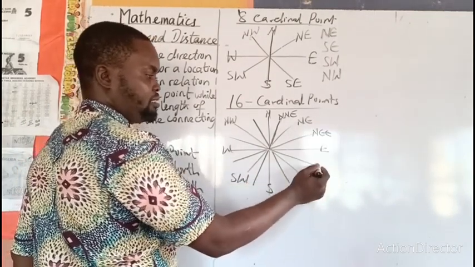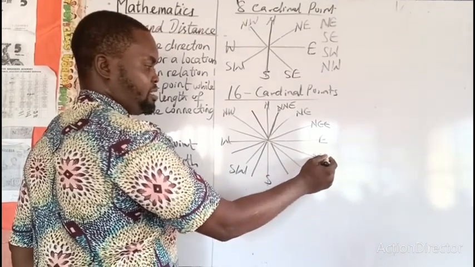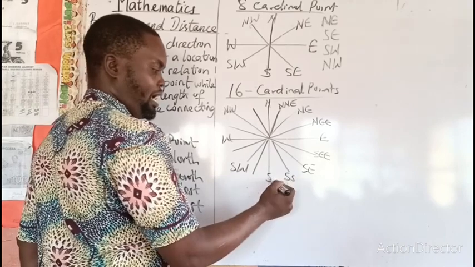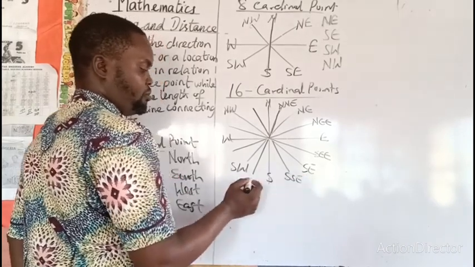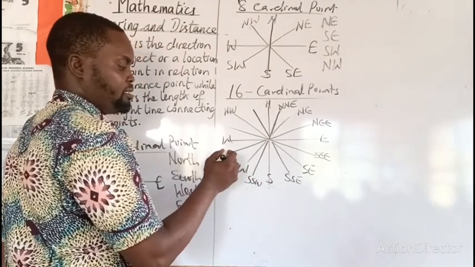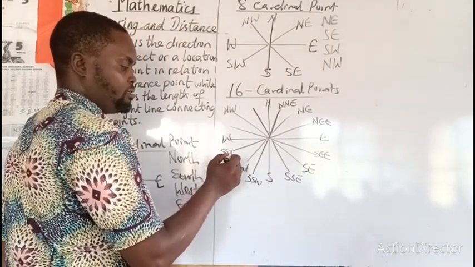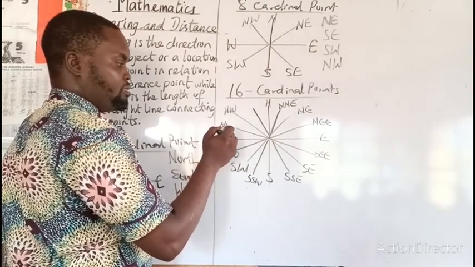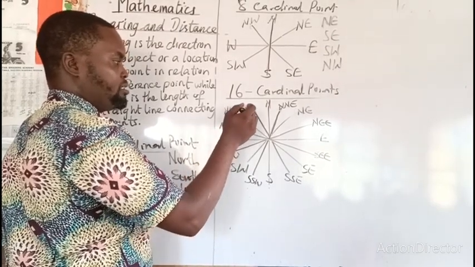What will this place be? East southeast. And this will be south southeast. What will this place be? South southwest. What will this place be? West southwest. What will this place be? West northwest. What will this place be?